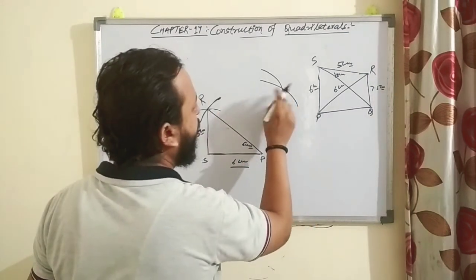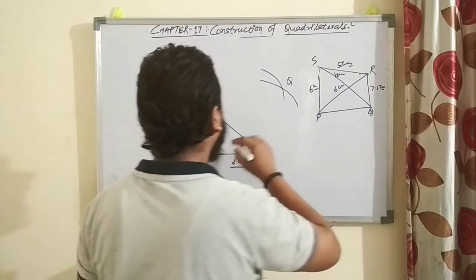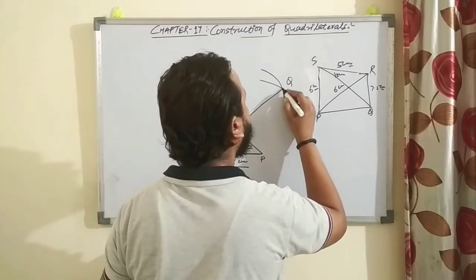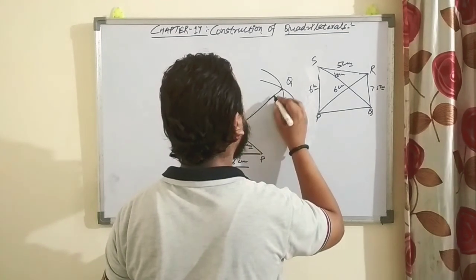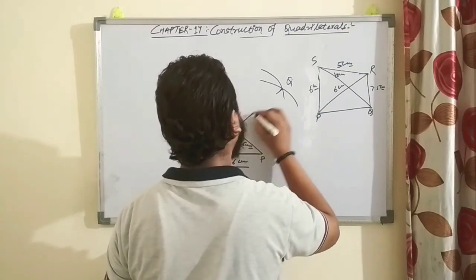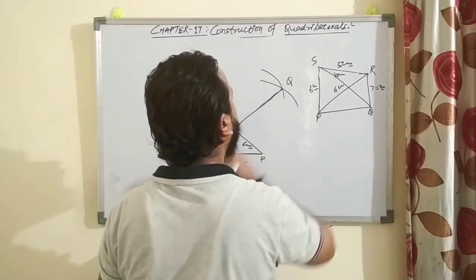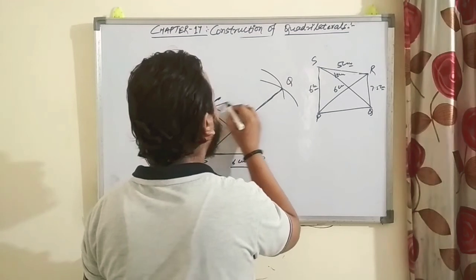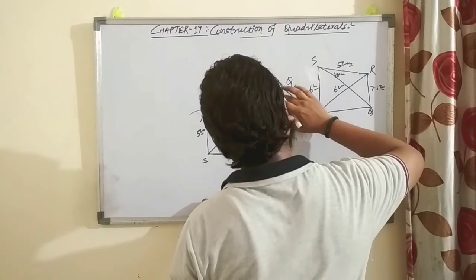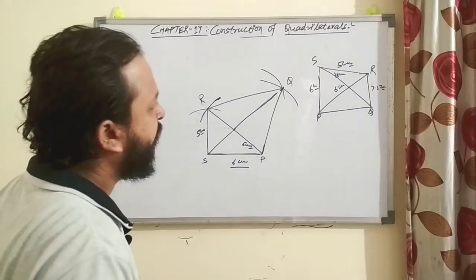So at the intersection point you will get a point Q. Just join them as RQ and PQ, right?